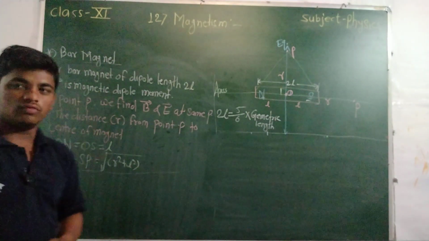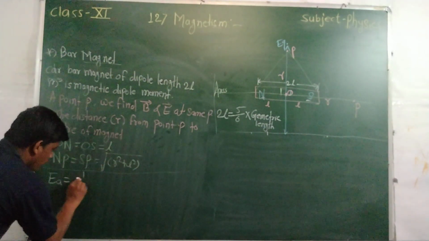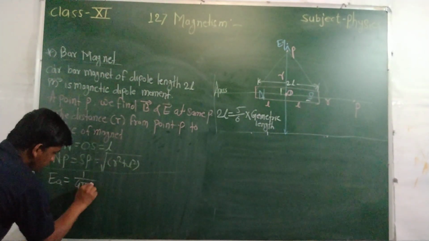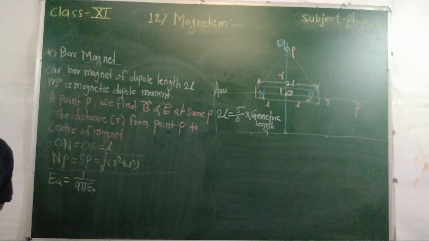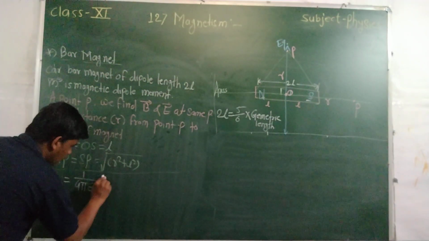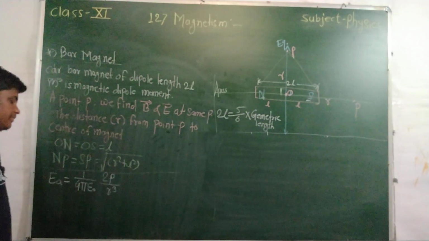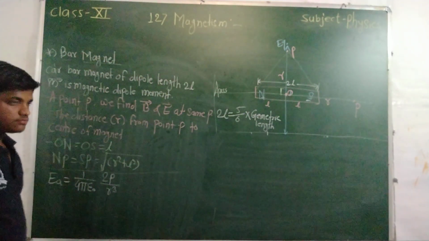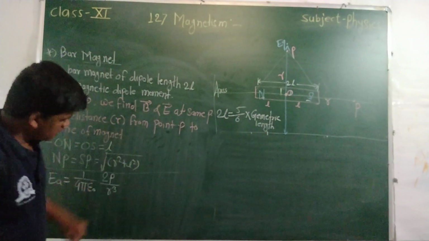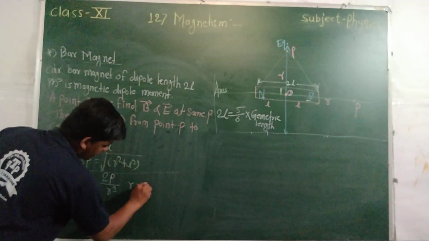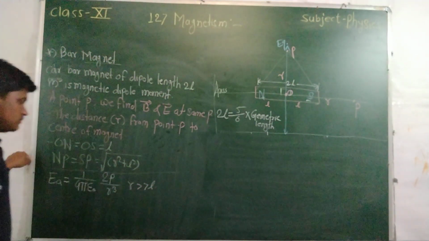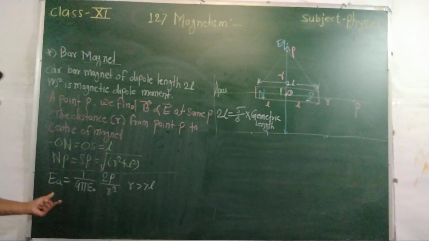This is equal to 1 upon 4 pi epsilon 0, which is a constant, times 2p divided by r cube, when R is much greater than L.